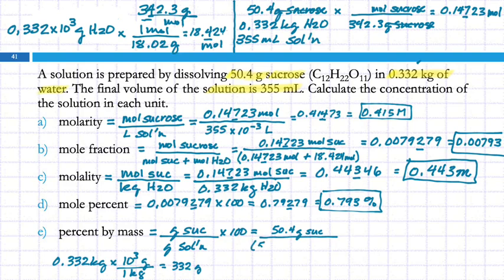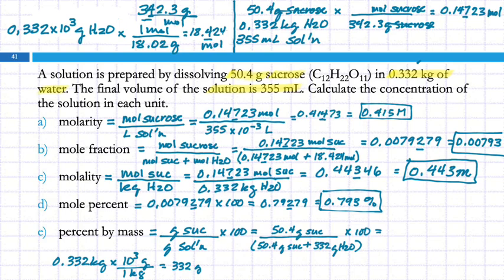So here we've got the sugar mass plus the mass of the water. So 50.4 divided by the quantity, 50.4 plus 332, times 100.